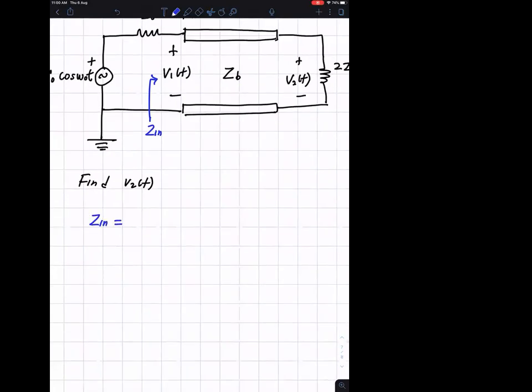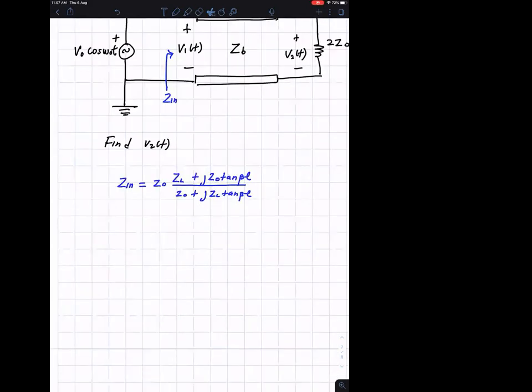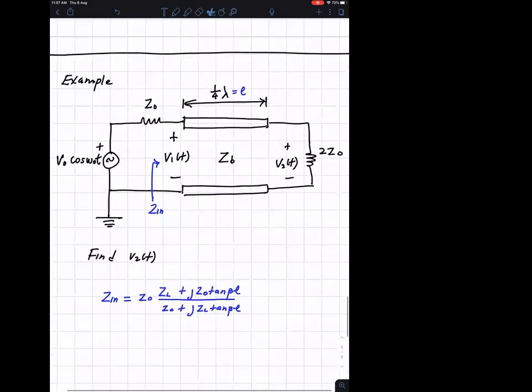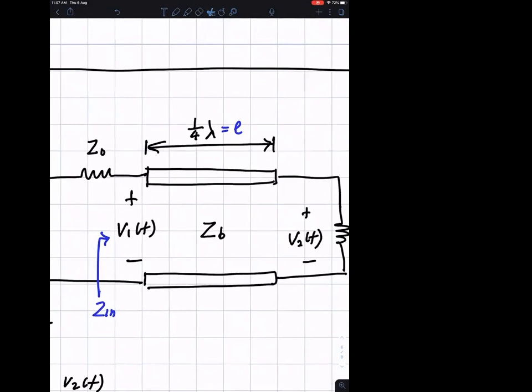Okay, guys, remember what is the formula for the input impedance with a transmission line? Who can remember? This is the input impedance, including the transmission line. So right now, what is the length of the transmission line? Lambda over 4, sir.